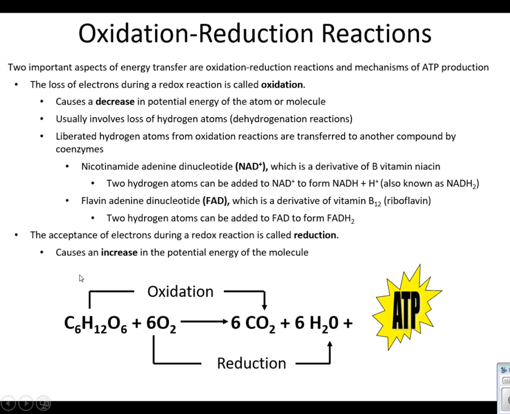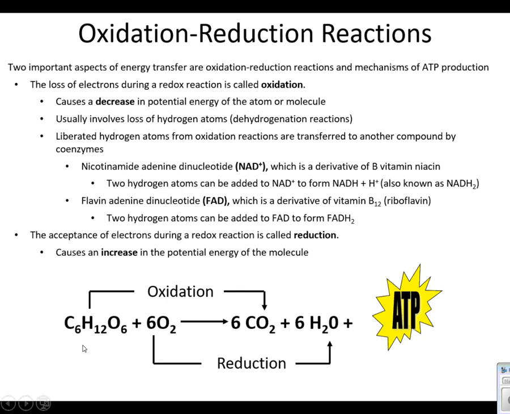NADH plus H plus and FADH2 are actually the reduced forms of NAD plus and FAD, because they've gained electrons. So when little brother and big brother are in the car, it's technically a reduced car. And then they dump them off, and that makes them become oxidized.